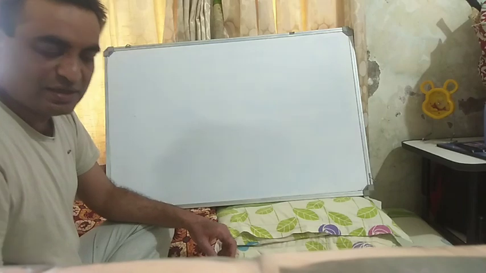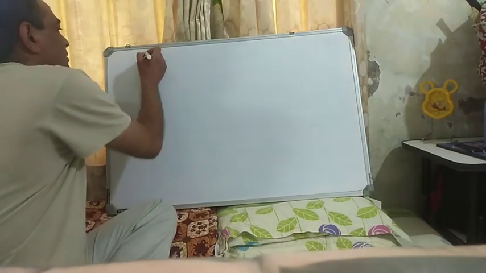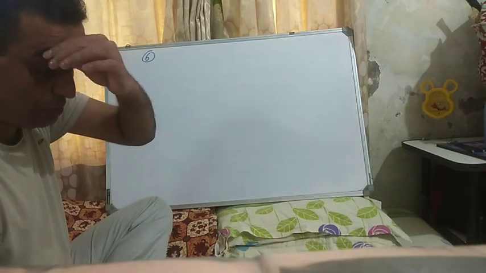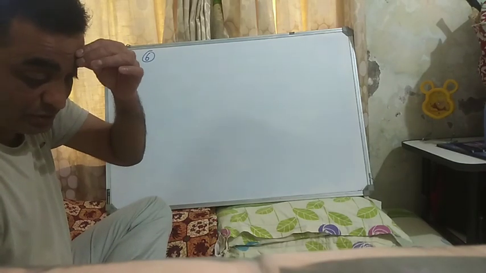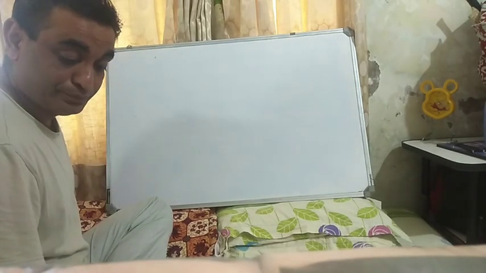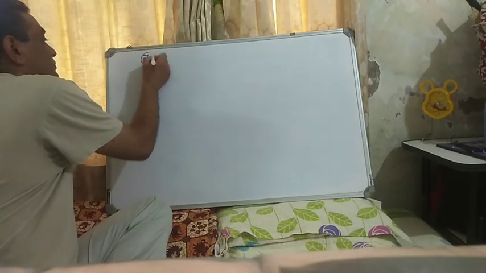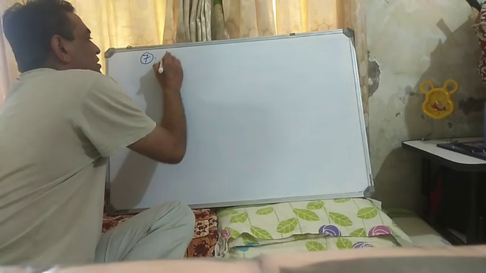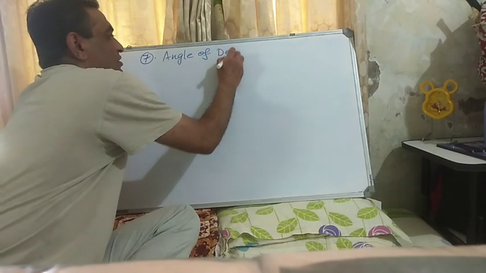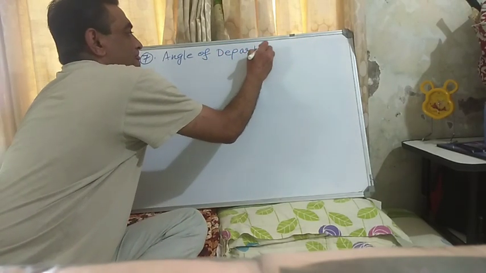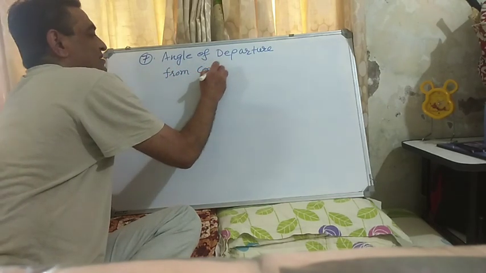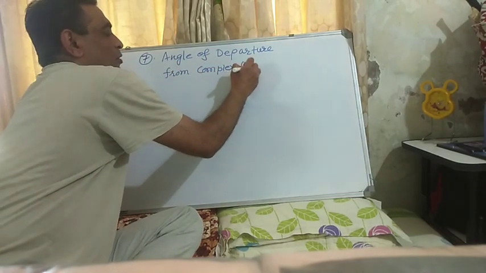Now let us see the seventh rule, which is about the angle of departure from complex open loop poles.